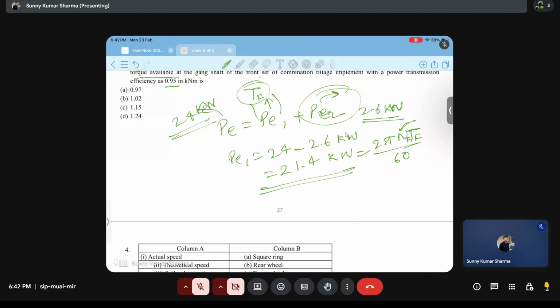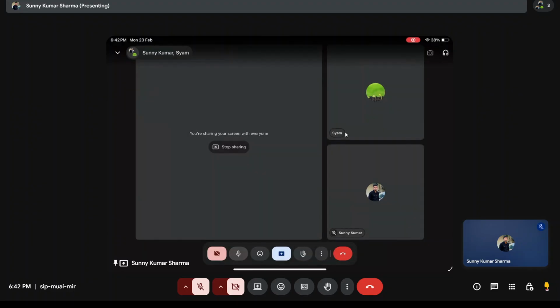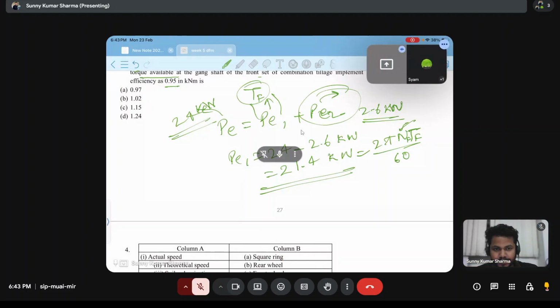1022, sir. Maybe there may be some error in conversion, or it should be 1.02. 1.02, sir. 1.02 is coming.